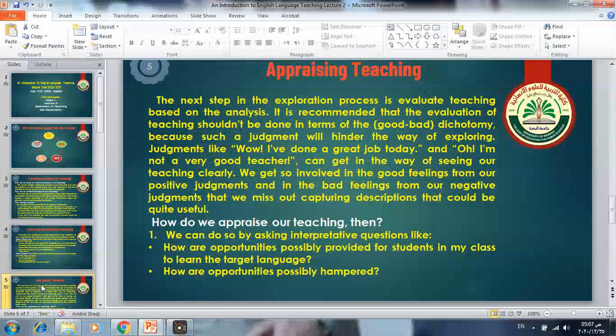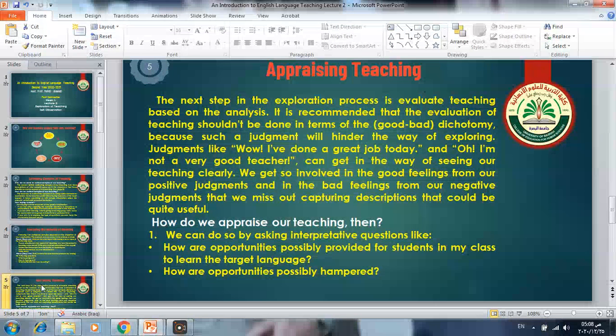Of course, we can do it. We can do so by asking interpretative questions like, how are opportunities possibly provided for students in my class to learn the target language? So you ask yourself an interpretative question about the opportunities that you provide for your students in your classroom to help them learn the target language.